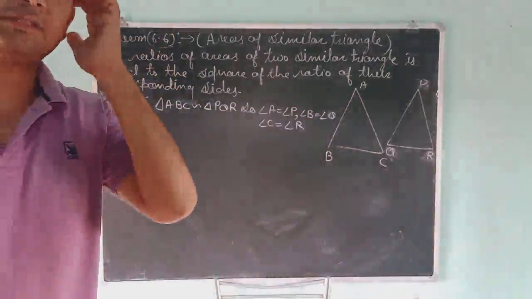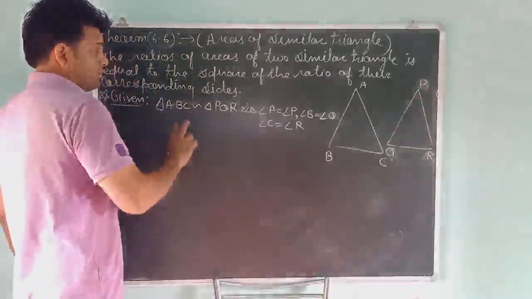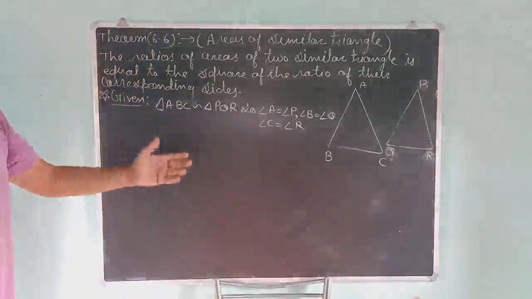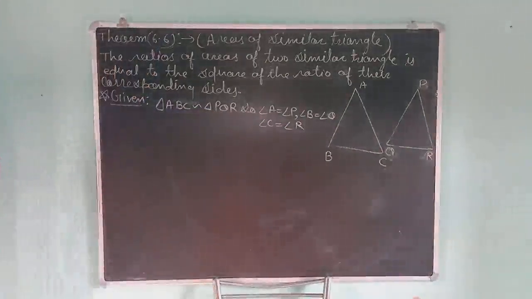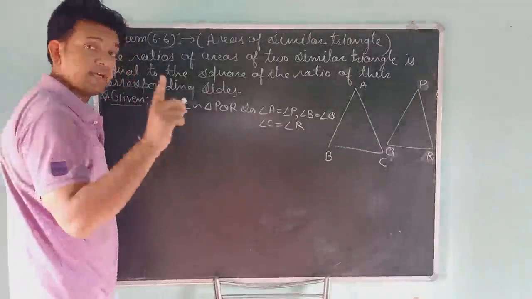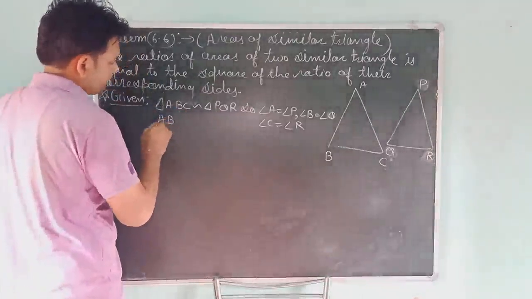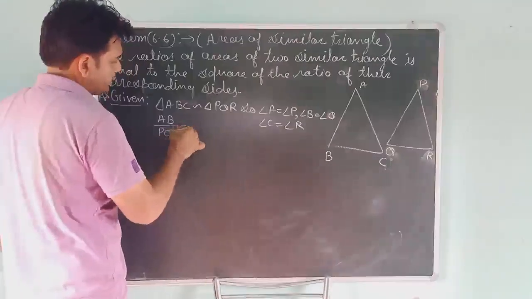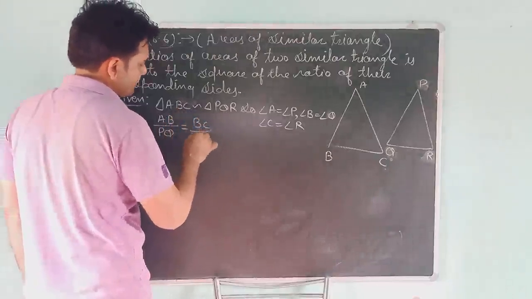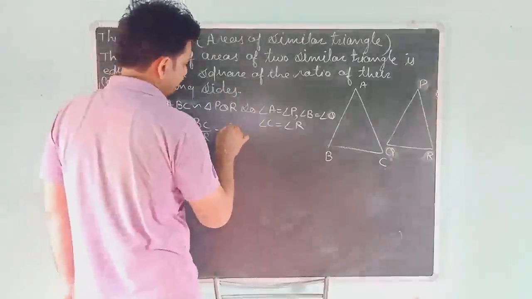Now the corresponding side ratio: AB upon PQ equal BC upon QR equal CA upon RP.